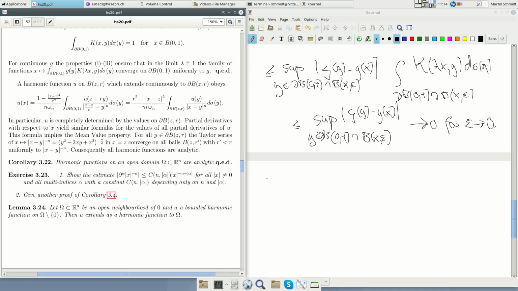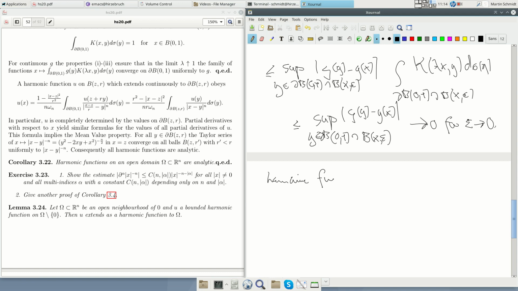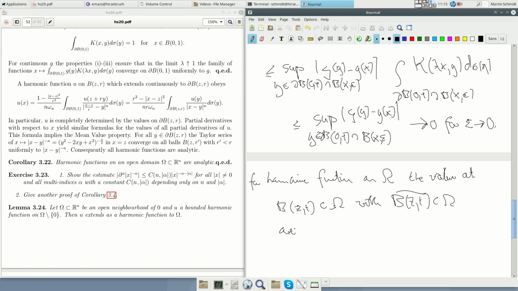So this means for harmonic functions on omega, the values at some ball B of R inside of omega, where we assume that the boundary also belongs to omega, are completely determined at x by the values at the boundary, the values for x in the boundary of this ball.